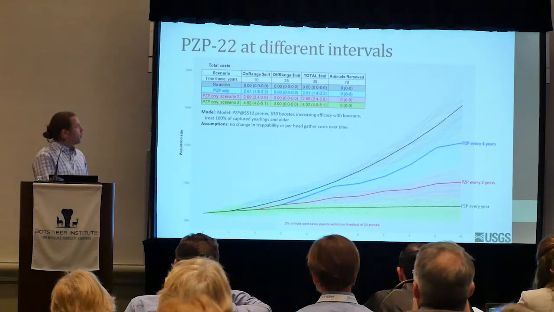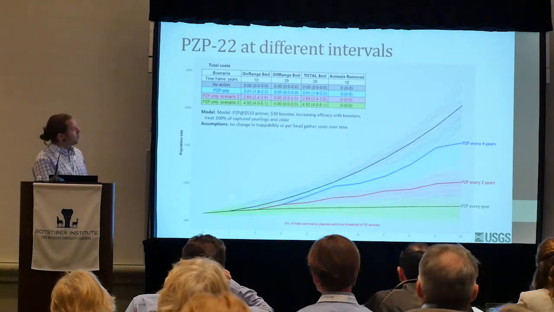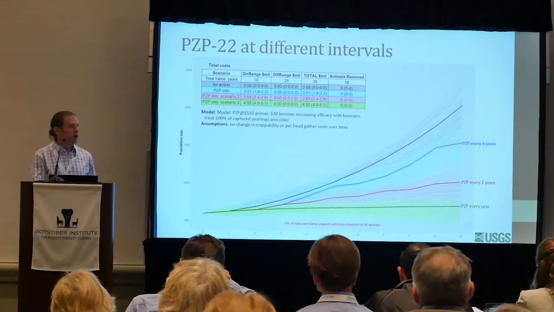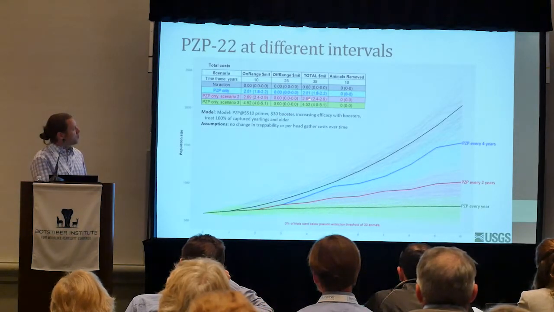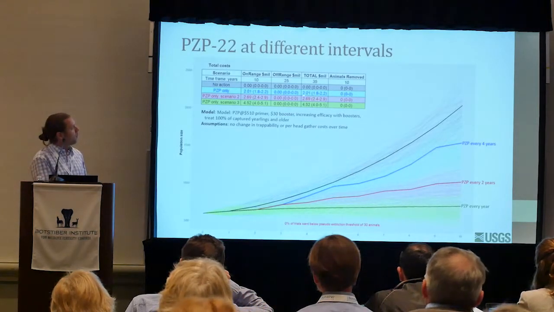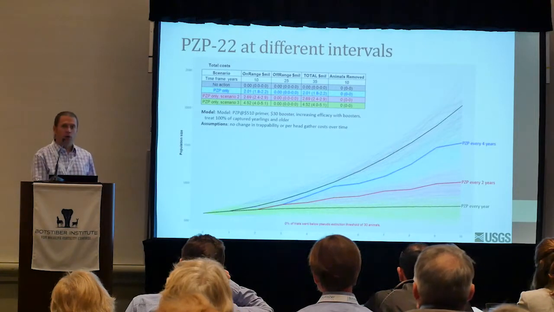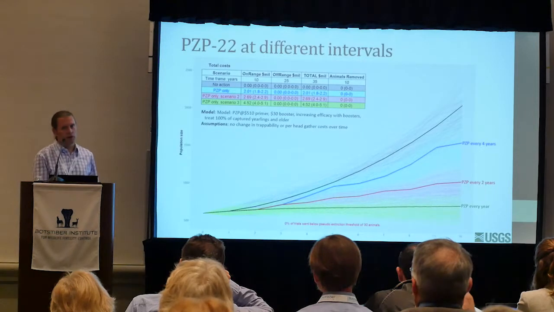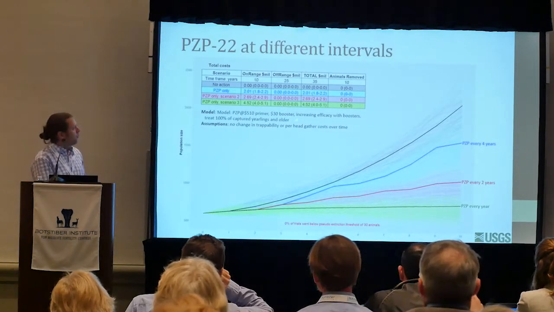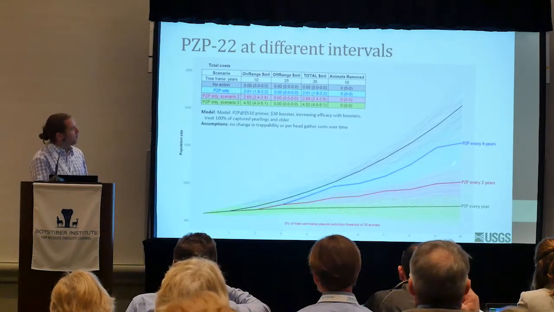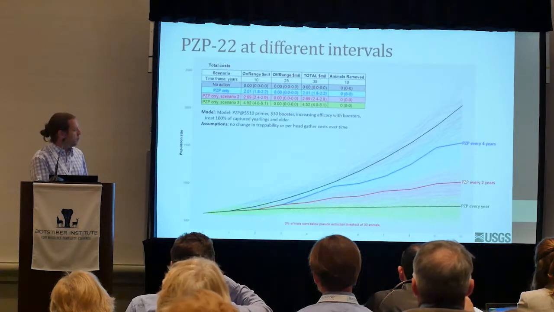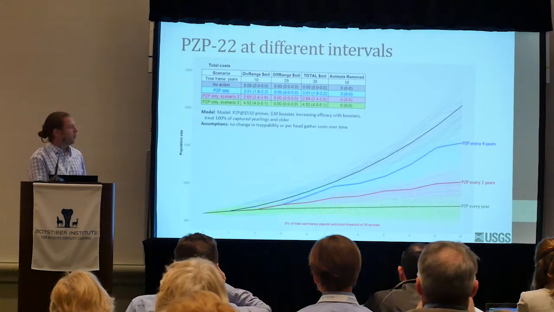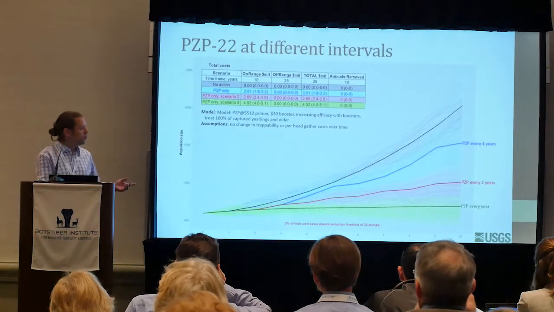If you look at these costs, if I treat every year, it's going to cost me about $4.5 million, as opposed to every 2 years, $2.7 million, as opposed to every 4 years, $2 million. So it's probably not reasonable to do a helicopter gather every year. Even every other year is a lot. But that's quite a lot of bang for your buck for $700,000, in that you've taken a lot of animals off there.